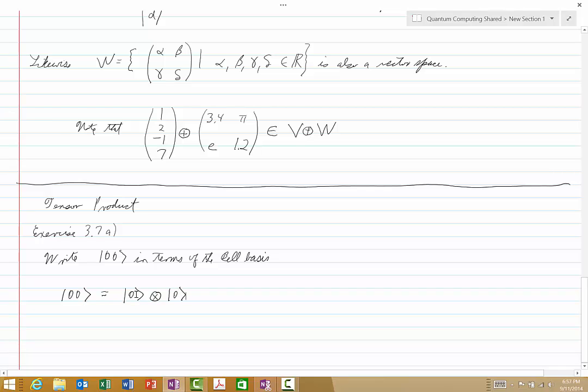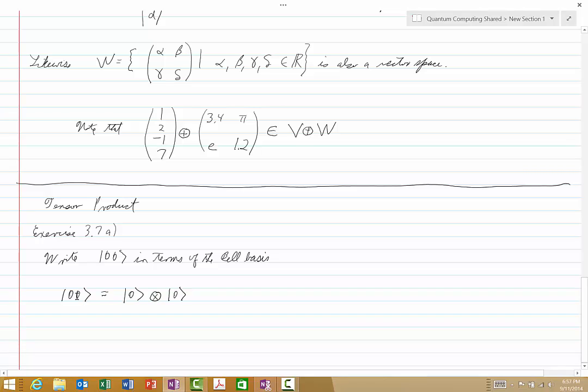In other words, I would suggest that you think of the first one as electron 1. So 0 is the state of electron 1, and electron 2 is also in the zero state.